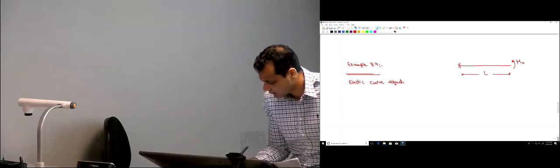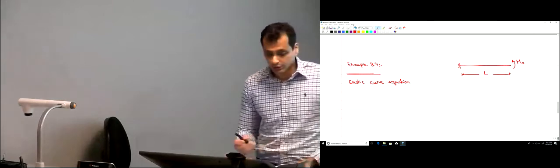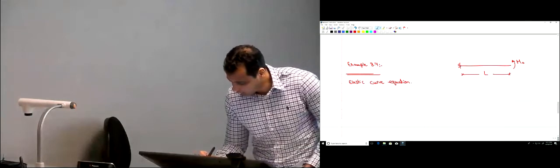What's this? The beam is going to deflect somewhere like this due to the applied moment. The equation for the deflection is the elastic curve equation. So the elastic curve equation is just the equation for the deflection, V of x. This is what you're required to find.